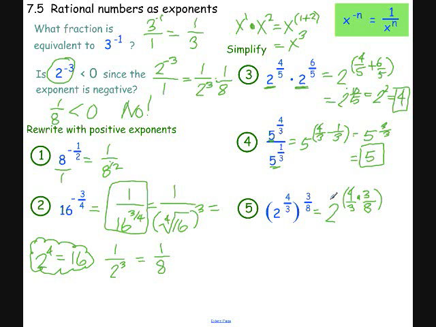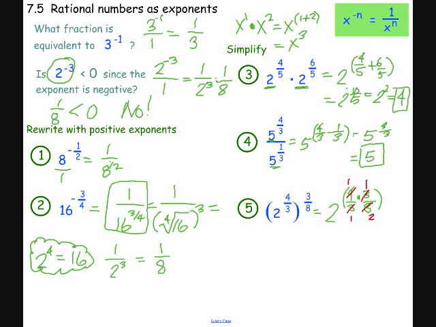I'm just going to change my pen color for a moment. So 4 and 8 would leave me, once I cancel, 1 and 2, and 3 and 3 would be 1 and 1.